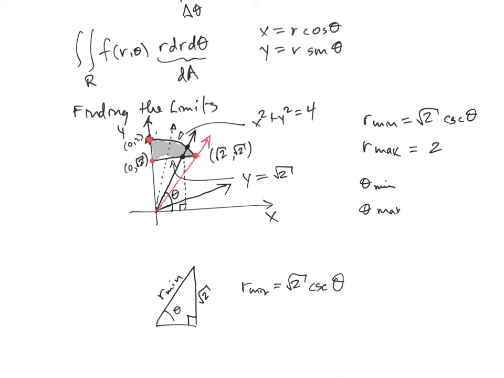That is going to give me theta min. And then I'm going to sweep that arrow through the region of integration. The tail of this arrow always stays at the origin. So when it just leaves the region of integration, it's going to be right there, right? That's going to give me theta max.